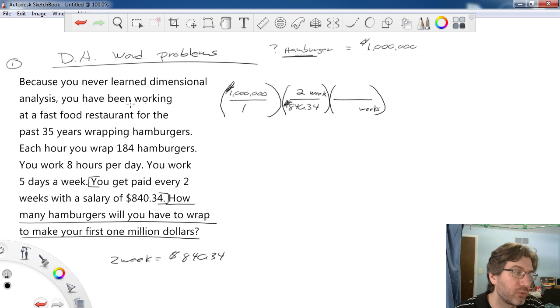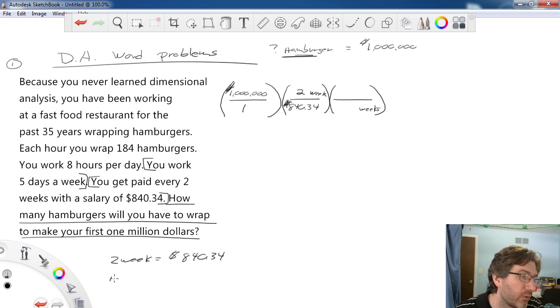Now I'm going to look for something in here that relates weeks to something else. Again, just read carefully: you have been working at a fast food restaurant for 35 years wrapping hamburgers. Each hour you wrap 184 hamburgers. You work 8 hours per day. You work 5 days a week. There it is, right there. Boom. 5 days a week.